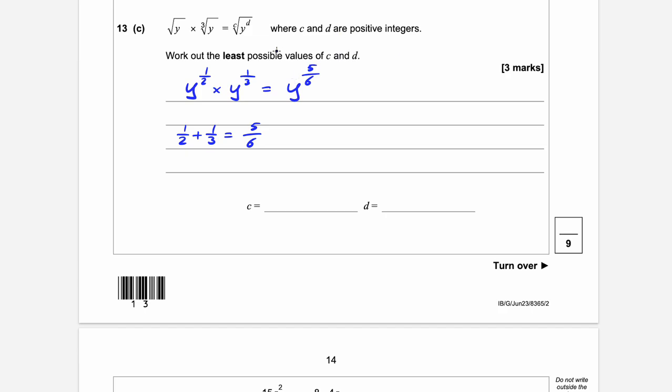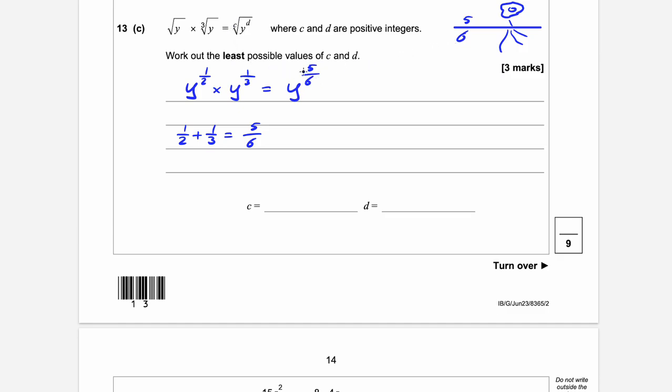Now, if you remember, guys, flower power, which is something I use to deal with these fractional indices, if you have 5 over 6, 6, the one that's underneath the ground, if you like, is the root, and the one above the ground is the power, hence flower power.